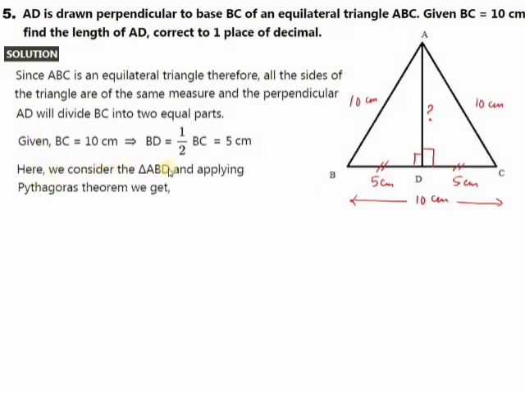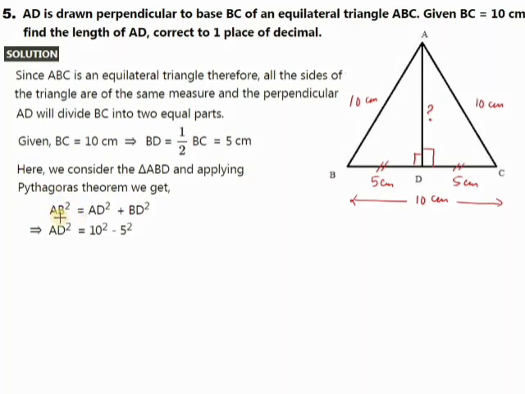We will consider triangle ABD for now. If this is 90, the side opposite to this, that is AB, becomes your hypotenuse. If you apply Pythagoras theorem to this, you get hypotenuse square, that is AB square, equals AD square plus BD square. So let's put the values now.